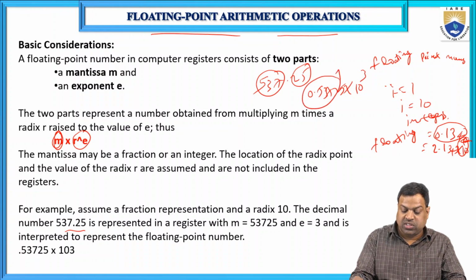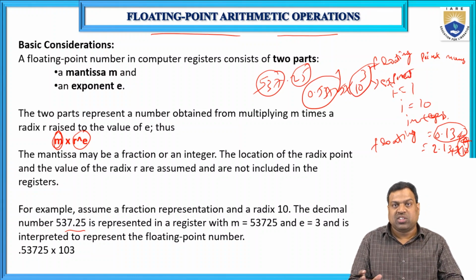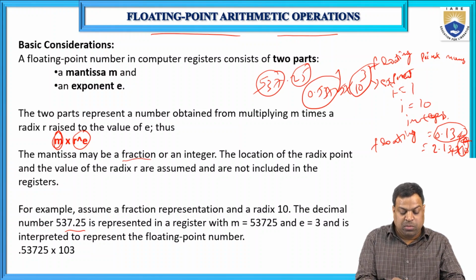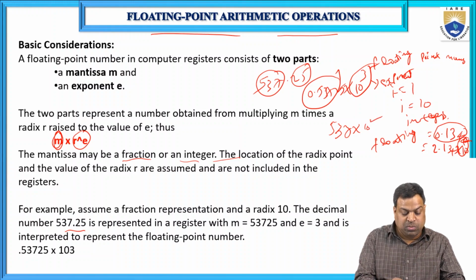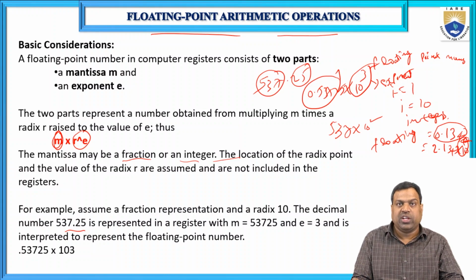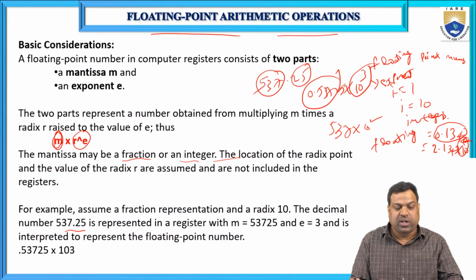So this is the mantissa and this is the exponent value. We have to balance the mantissa according to the exponent value, and the mantissa may be a fraction or an integer. Maybe for 537.25, I will take 537 into some 10 power like this, and then it is an integer. We have to take not only integer mantissas, but fraction or floating point values also.